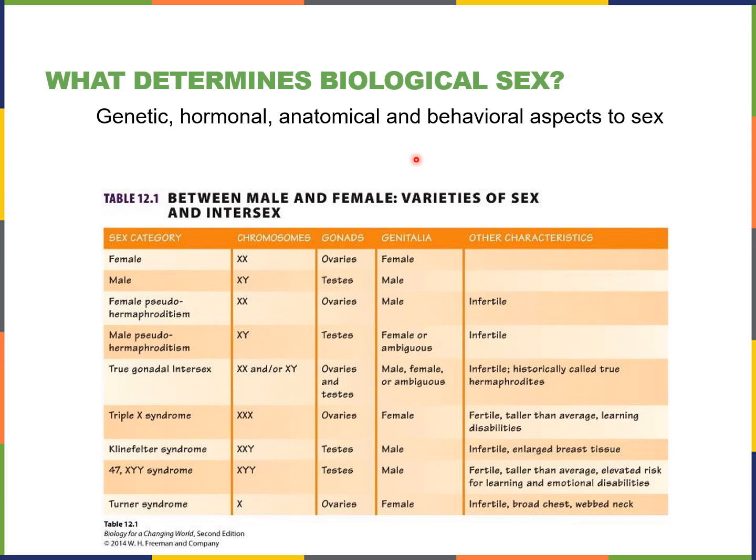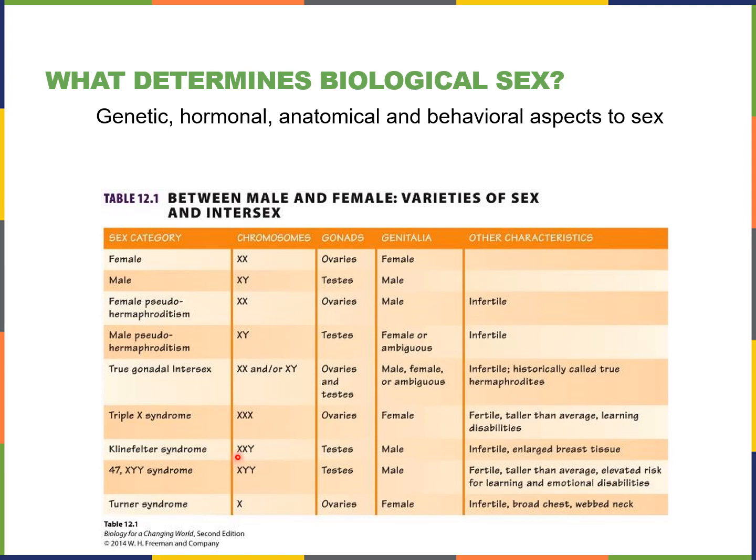Talking about lots of different things and how we consider gender identities, but just the different chromosomal identities that we can have. We also have something called triple X syndrome, which is where you actually have 3X, and you are a female, you do have ovaries, and you are fertile, but you tend to be taller than average and tend to have learning disabilities as well.